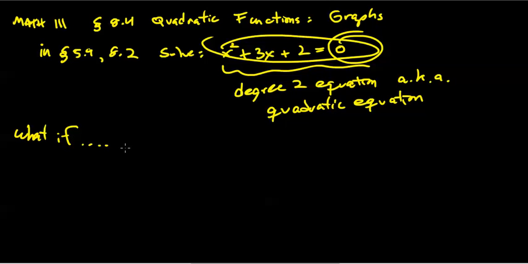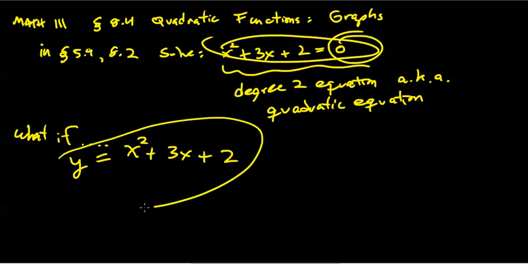What if x squared plus 3x plus 2, instead of equaling 0, equals some other variable called y? If y can be any value, not just 0, we'll have infinitely many pairwise solutions that will establish some sort of pattern in the xy plane.